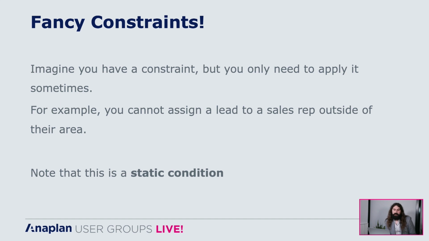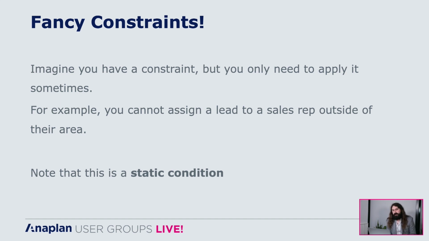So imagine you have a constraint, but you only need to apply it sometimes. An example I worked on very recently was that you could only assign a sales lead to a sales rep if they were in the same area. So you couldn't assign a sales lead to an EMEA sales rep if the sales lead was in APAC, because that just wouldn't work.